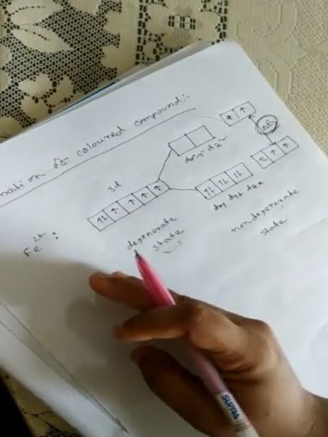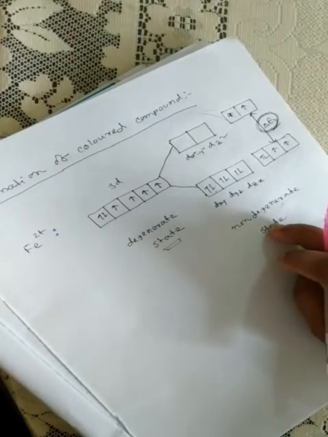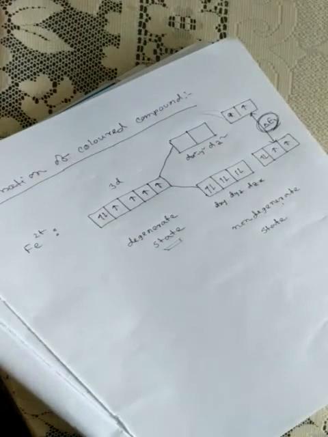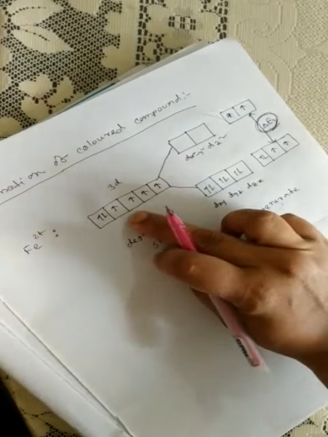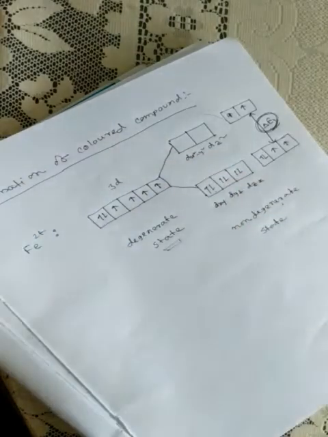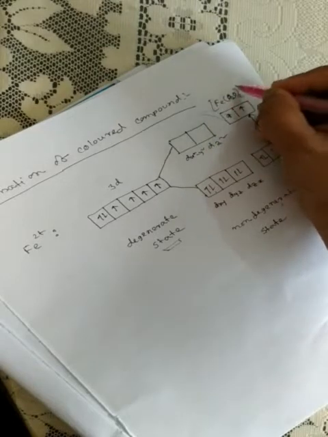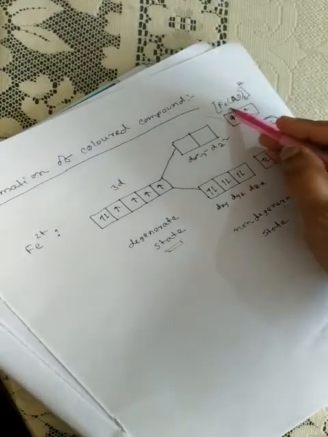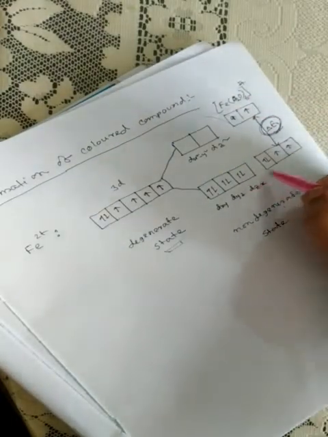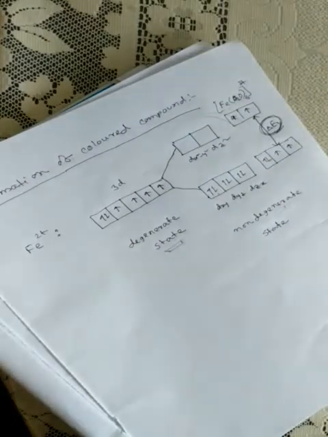Under the influence of ligands, these d orbitals split into two parts, called the non-degenerate state, and the lone pair electrons of the ligand repulse the unpaired electrons of the d orbitals, forming the maximum number of pairs. When a compound like hexaaqua iron 2 ion, Fe(H2O)6, is formed, the electron goes to a higher orbital and gains a certain amount of energy.